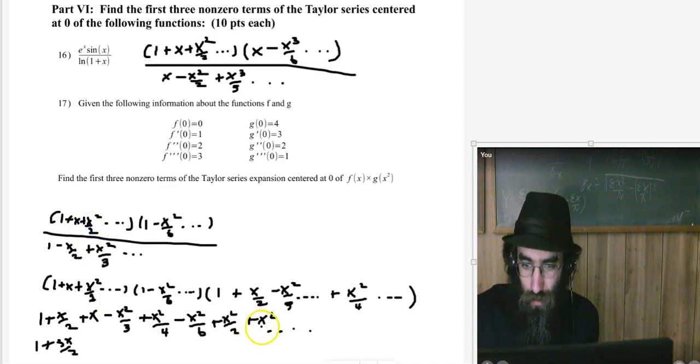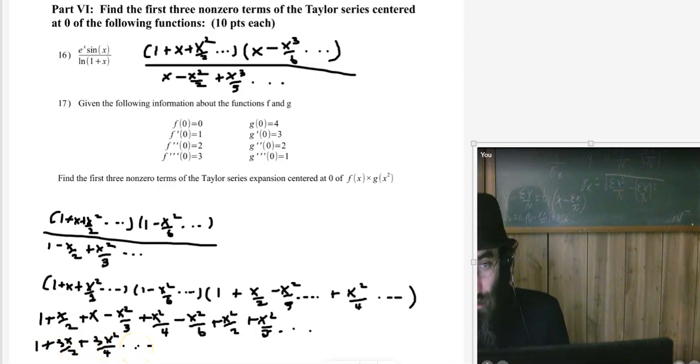All right, I was going to say this doesn't feel like the same answer I got before, but yeah. So we've got x squared over 4 plus x squared over 2, right? Again, the x squared, negative x squared over 3 minus x squared over 6 plus this first x squared over 2, they cancel. We get a 3x squared over 4. And those are the first 3 non-zero terms.